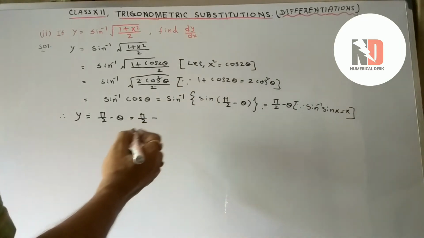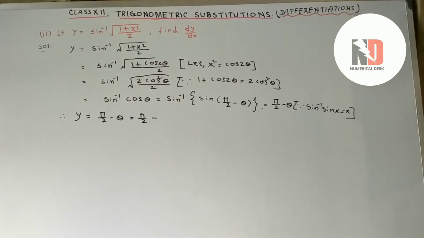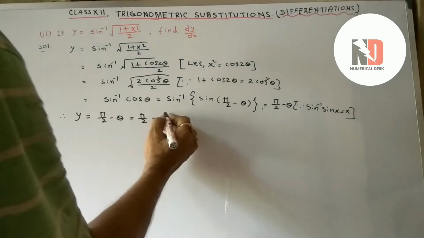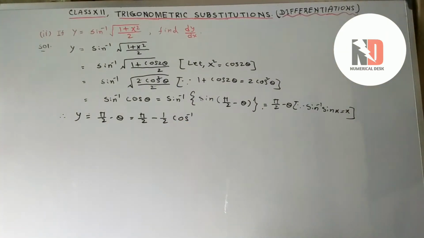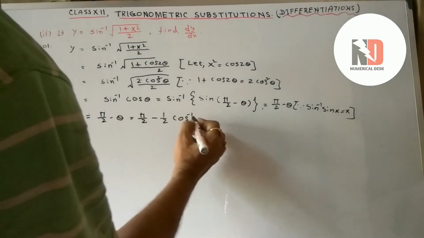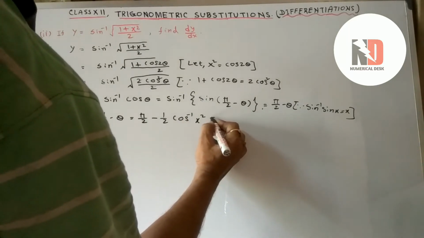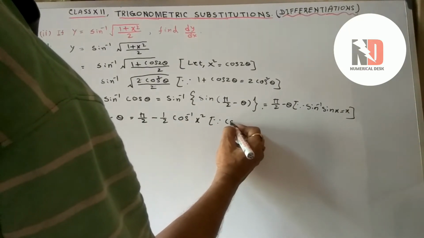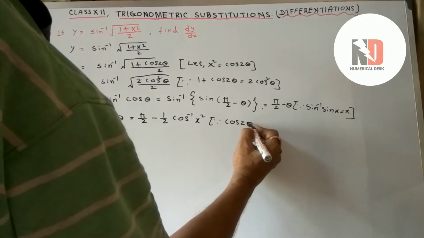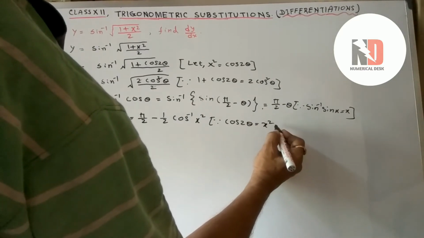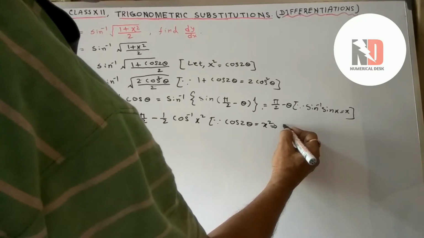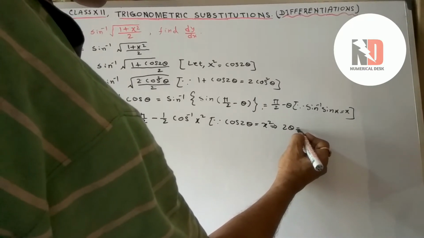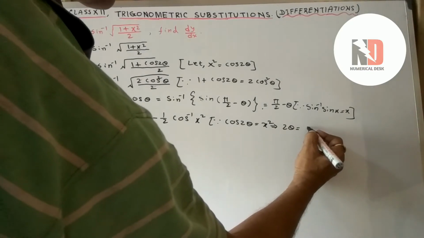and putting the value of theta equal to half cos inverse x square, because you should show this for the benefit of yourself as well as the teacher may also see your sum carefully.